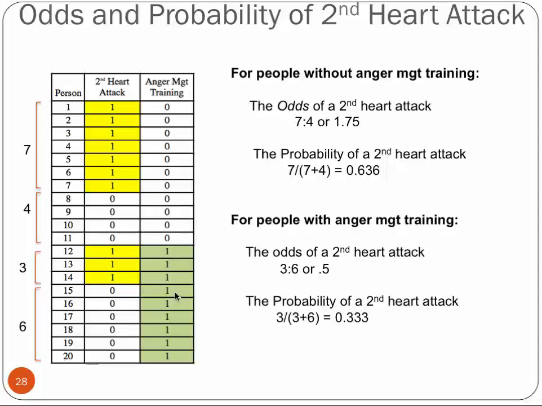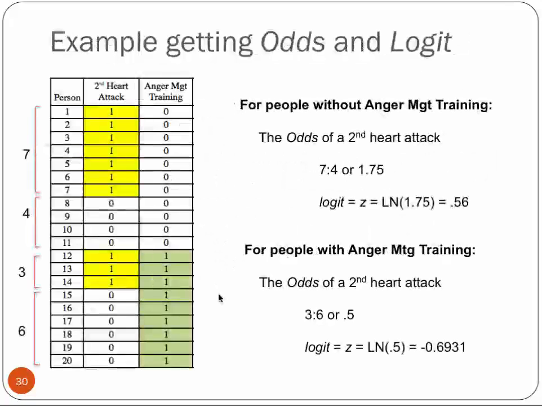So in other words, we need to take the natural log of the odds, and here it is in single number form, and we'd also take the natural log of this value in single number form, and that would give us the natural logs of those numbers. So when we do this, if we take 1.75 and take the natural log, we get 0.56. If we take 0.5 and take the natural log, we get a negative 0.6931. So we've now done the second step.